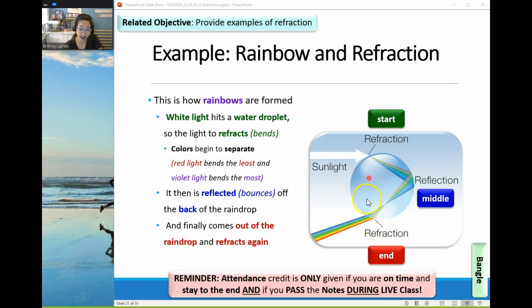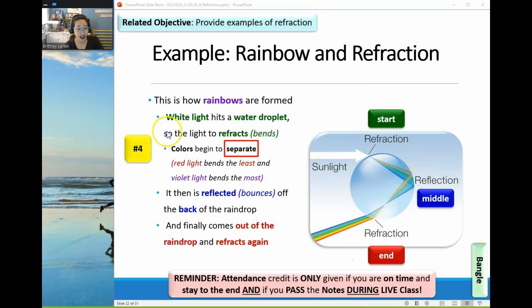So we can see here that we end up with the light being very, very separated after all of these steps. So it refracts again, and now we get very distinct colors of red, orange, yellow, green, blue, and violet. All right, so that is also how a rainbow forms. Again, the start, the middle, and the end that you can see here.